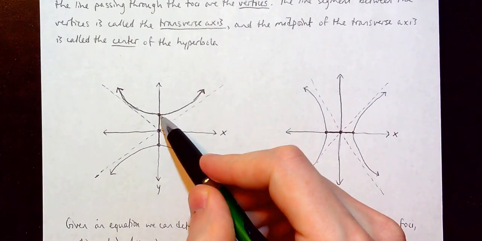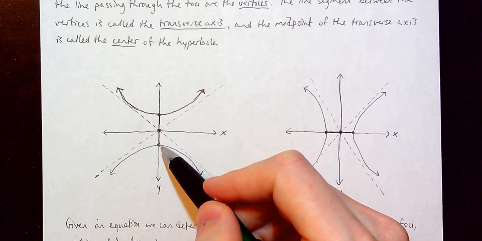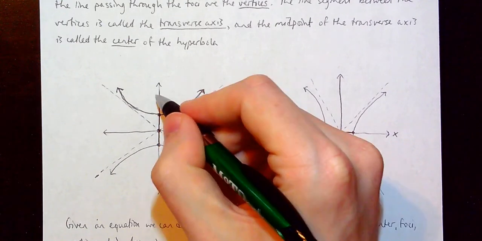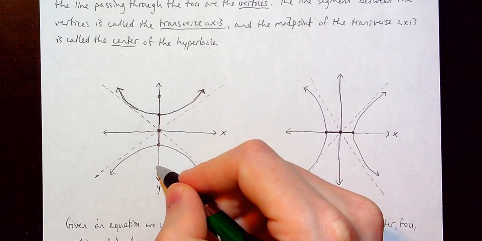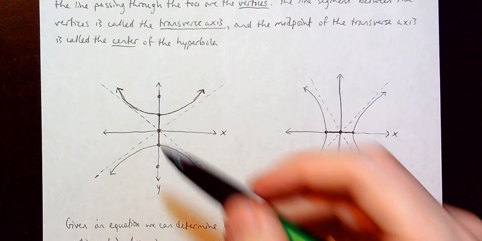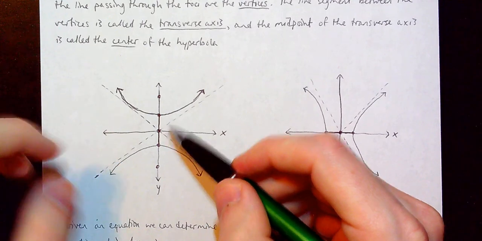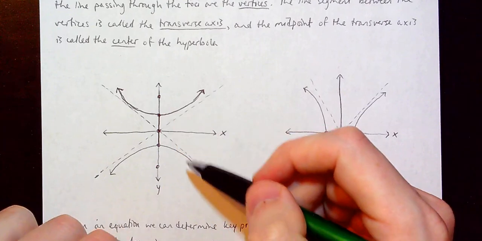So here, these are the vertices. The foci are going to lie somewhere outside, and again I put in air quotes, outside the two branches here. If you think of what's in here as inside, these out here, those are outside.